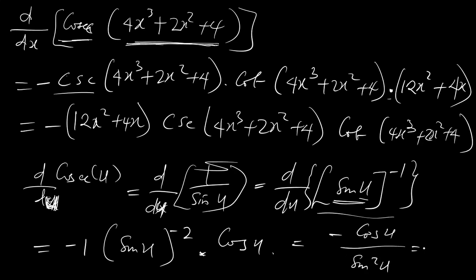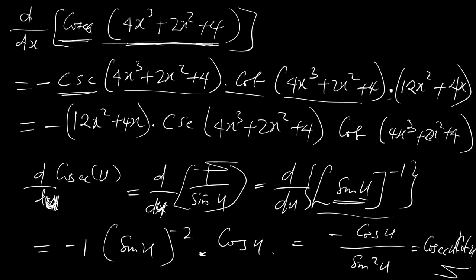So this is the same thing as minus cosec u cot u. So that is why we have cosec u cot u here. Also assuming this is u, now you're differentiating this whole thing with respect to this function here. That is why this is not changed. It did not change here.